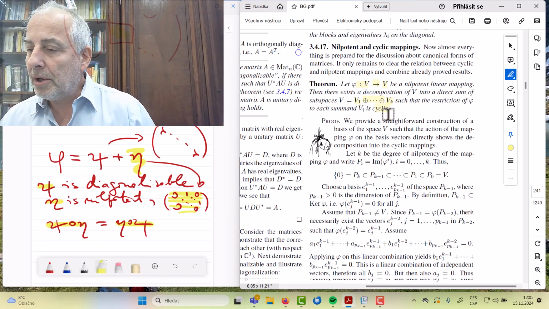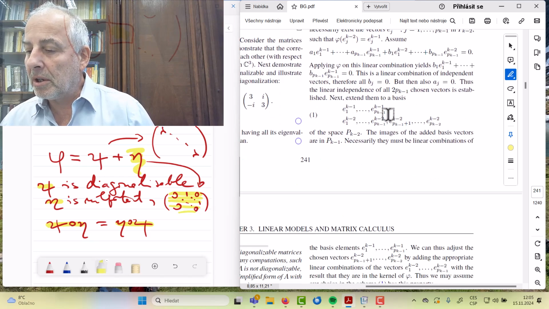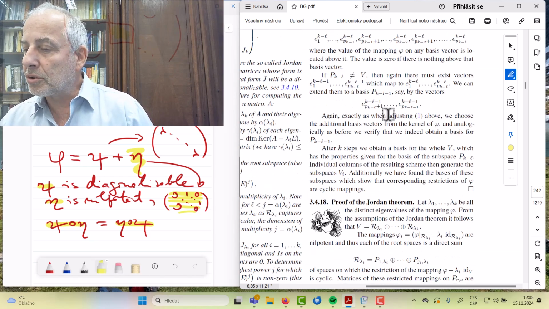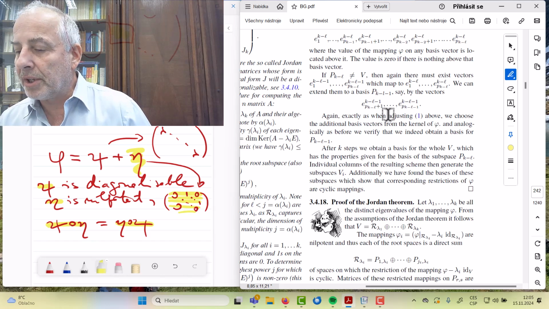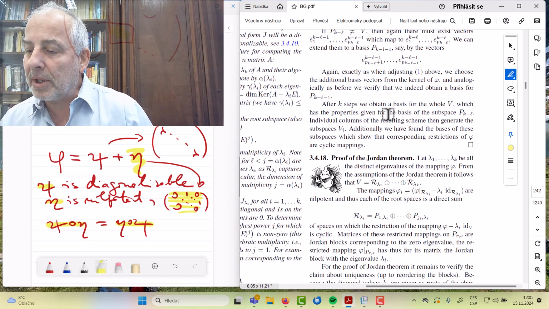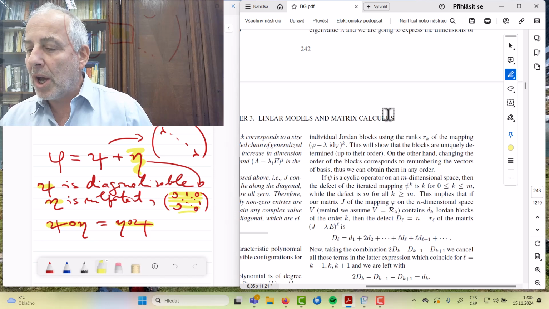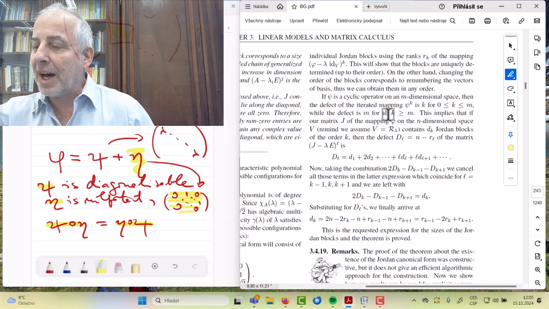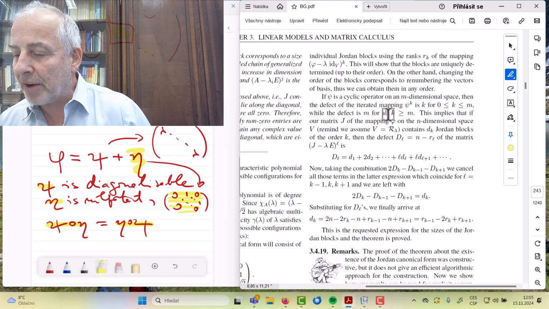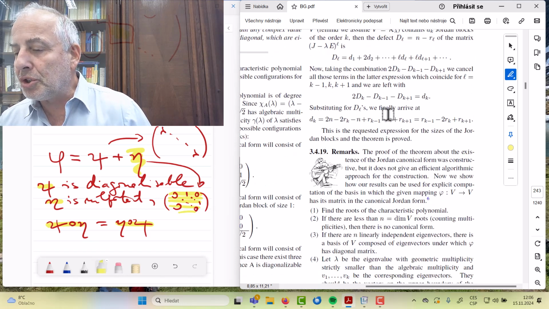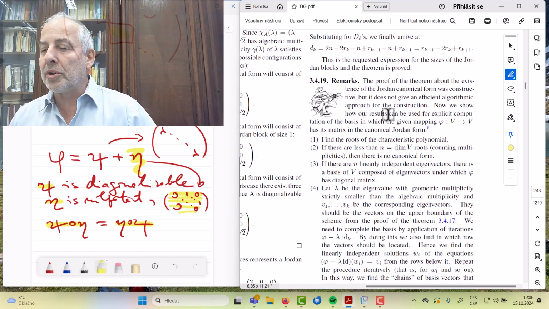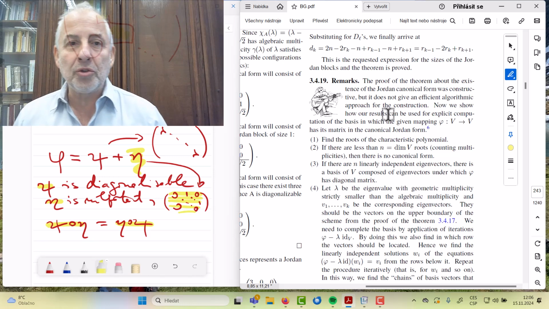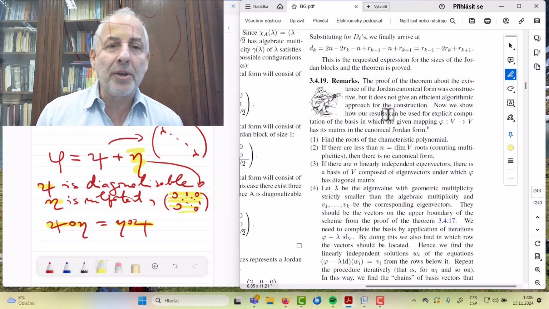This is quite an annoying technical proof, which is constructive but not that easy. And still there is a little bit to conclude, but once you digest the previous one, you would survive this. So this is about the Jordan canonical form, Jordan canonical matrix, etc.